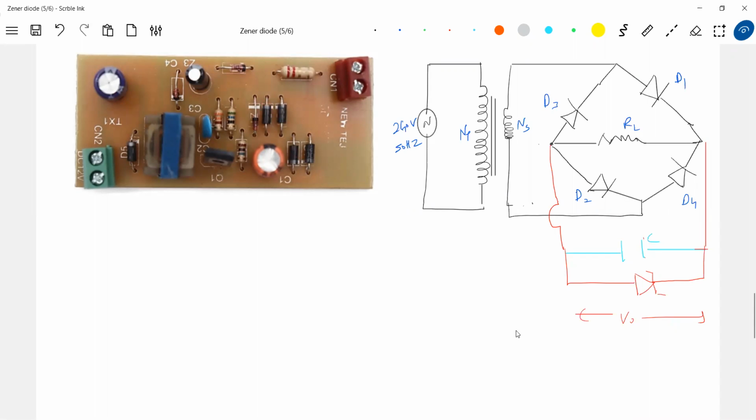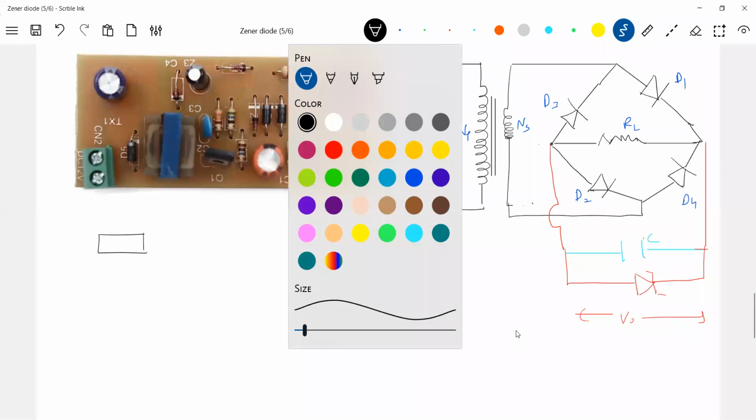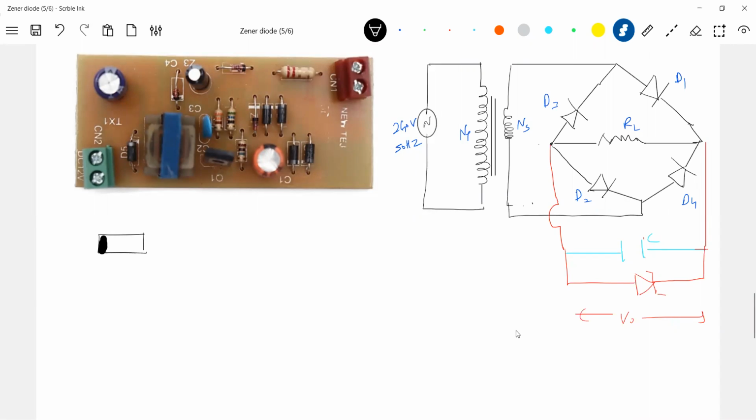So if you look at the ordinary diode, this is for the ordinary diode.